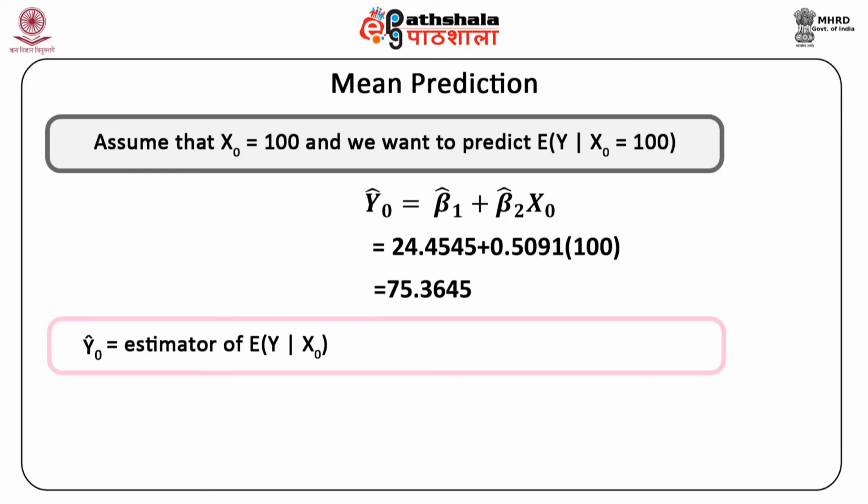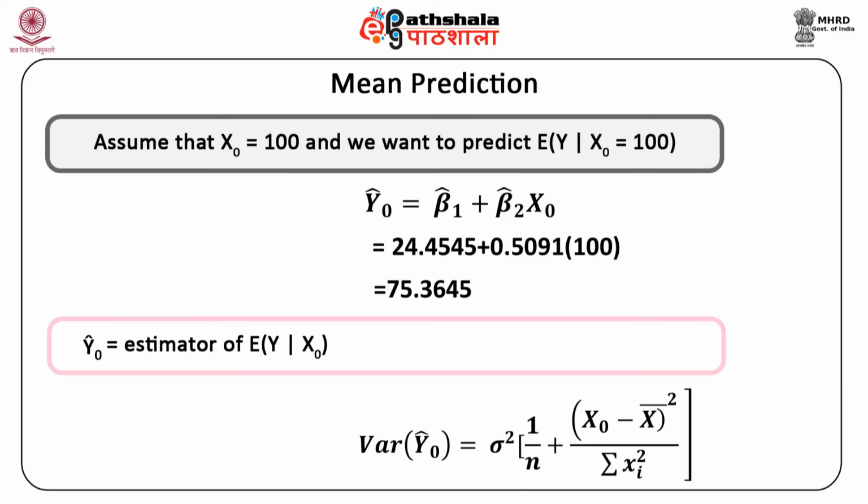Y0 hat is normally distributed with mean beta 1 plus beta 2 x0, and the variance is given by the following formula: variance of y0 hat is equal to sigma square into the bracket 1 upon n plus (x0 minus x bar) whole square divided by sum of xi square, bracket closed.